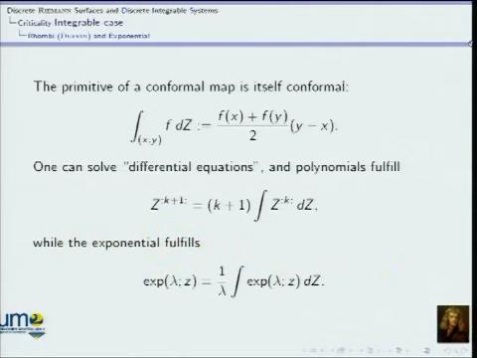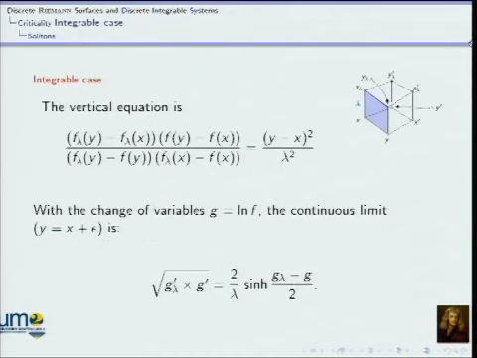But when you are in this rhombi case, you can integrate and differentiate. So you have some differential equations. These polynomials and exponentials behave just as in the continuous case. That is to say, the derivative of the exponential is lambda times exponential lambda z. So there are some connections with soliton theory.